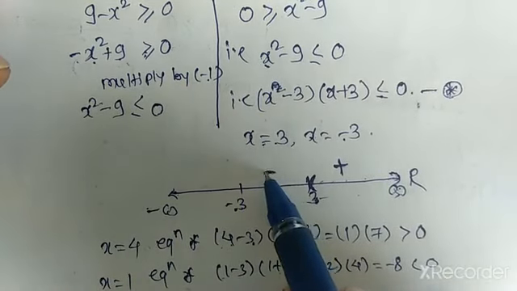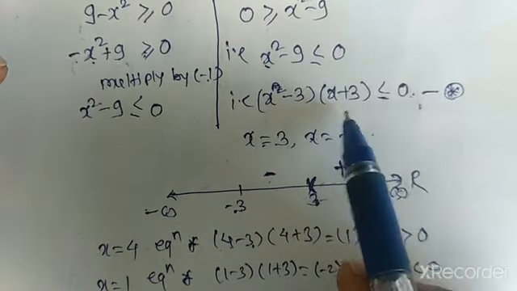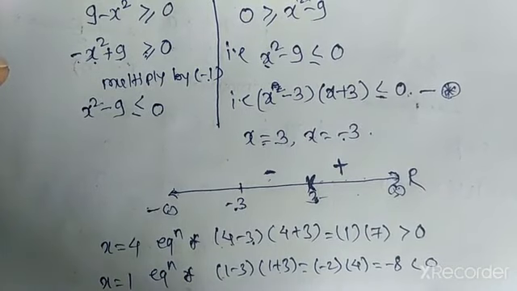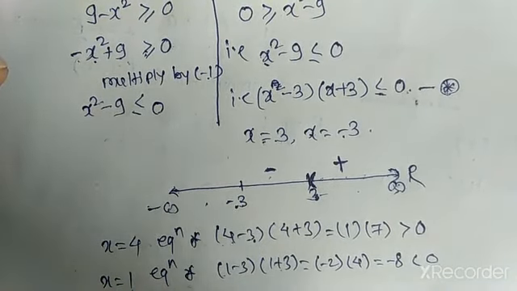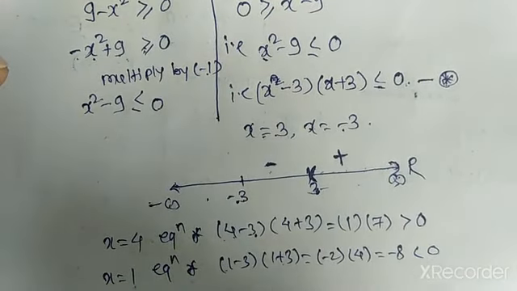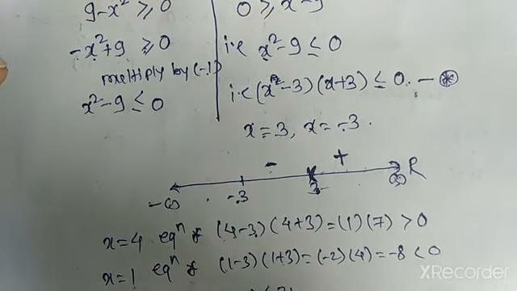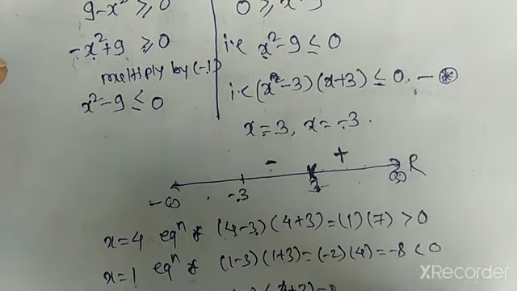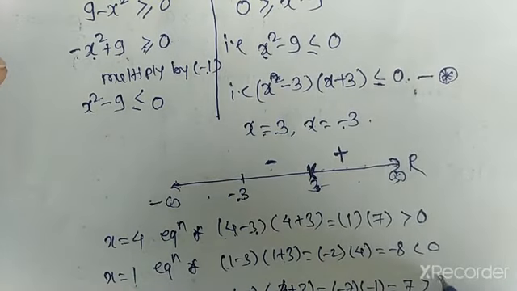Similarly, we can consider x is equal to minus 4. Equation star will give us (minus 4 minus 3) into (minus 4 plus 3), which is equal to minus 7 into minus 1, which is positive 7, which is greater than 0.